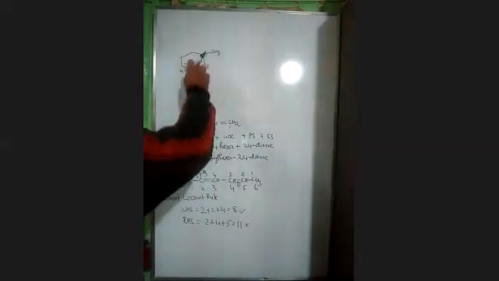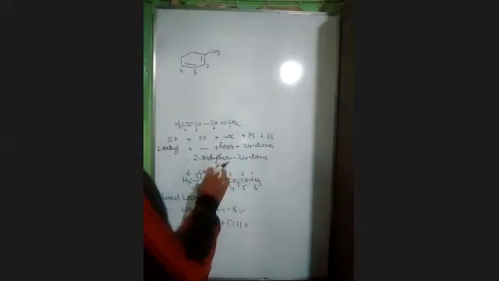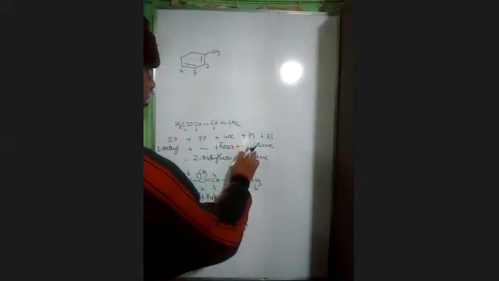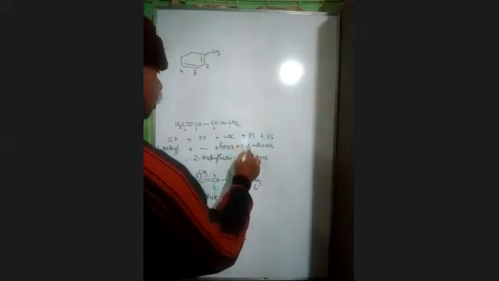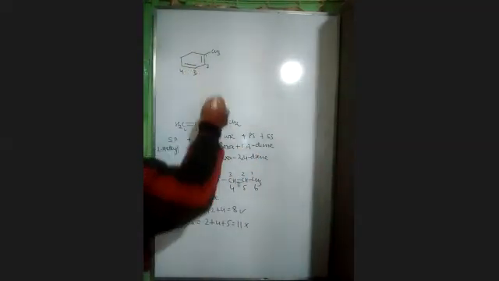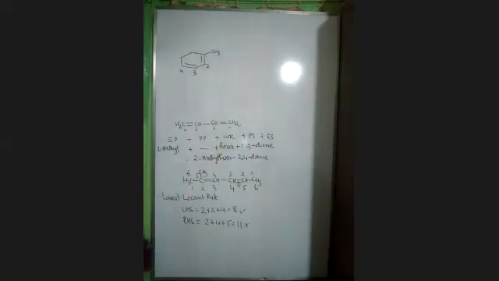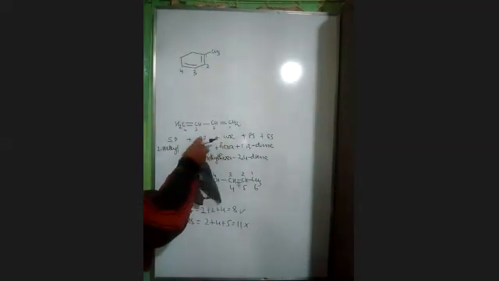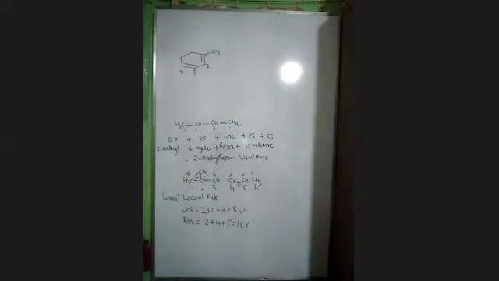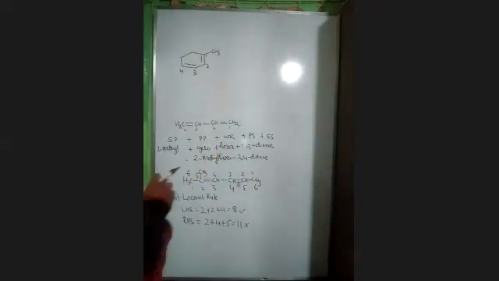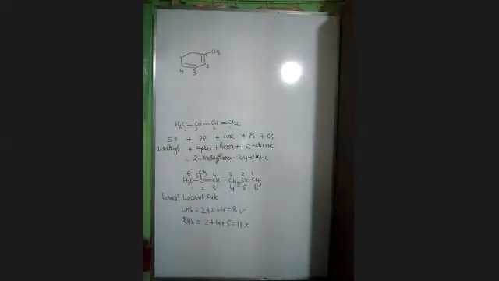Then what is the position of the double bond? 1, 2. 1, 3. 2 double bonds have to put 1, 3. Now the compound is cyclic, so it will be cyclo. Methylhexa-1,3-diene.